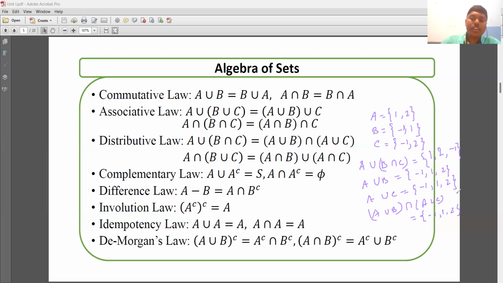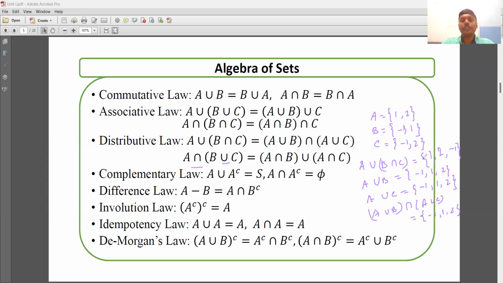You can check it. Similarly for the next rule, the distribution of the intersection over union, the same thing is following there also. You can very easily verify it like this. You can take very simple sets of 2 or 3 elements and verify that it is holding.